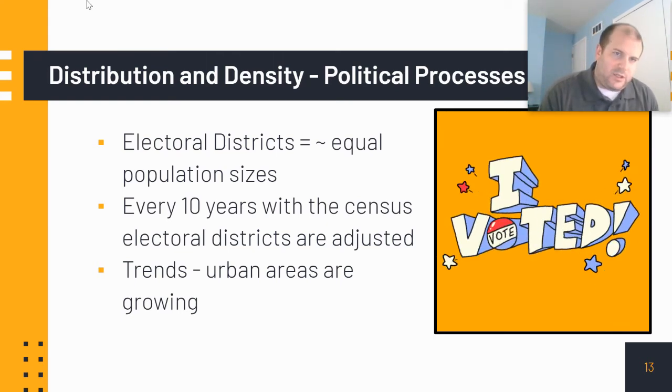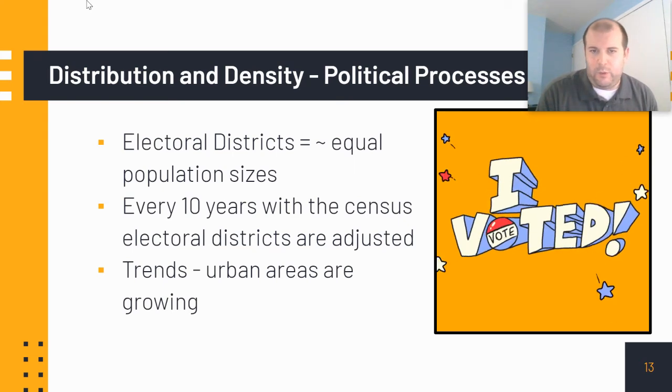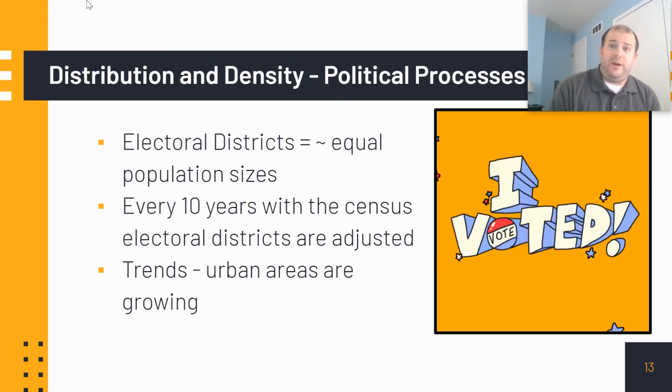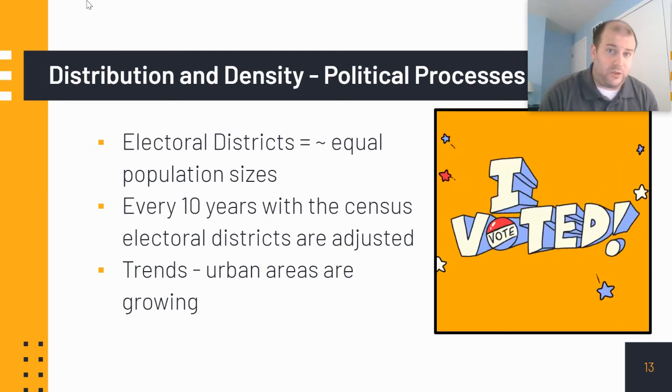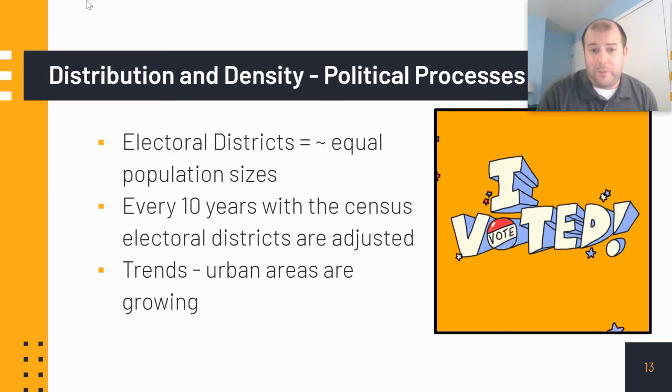Every 10 years, the census collects demographic data and determines if electoral districts need to be redrawn, and if the state is going to be added an electoral district or is going to lose one. That's important because if you haven't moved but your electoral districts have changed, you can find yourself living in a different electoral district. A general trend with population distribution right now in most countries of the world, the US included, is that more and more people are living in urban areas.